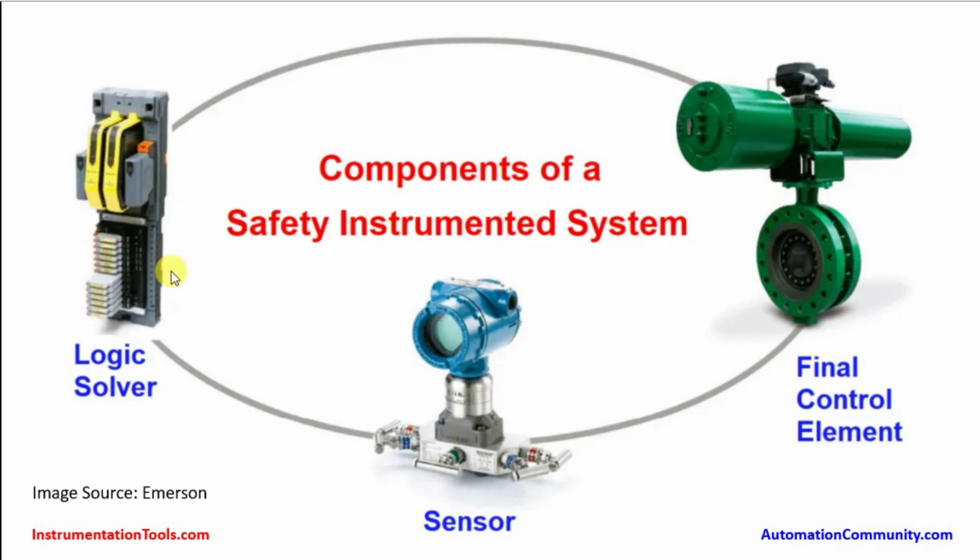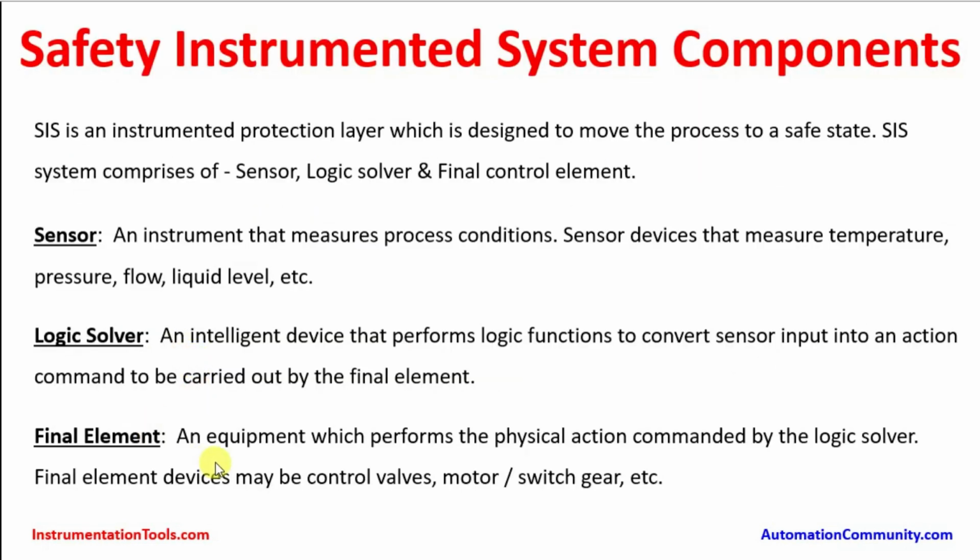It will have different types of modules for taking the inputs from the sensors and giving the command to the final elements. That module is known as the output module, and for processing the signals it has centralized, microprocessor based processors. The final element is equipment which performs the physical action commanded by the logic solver.